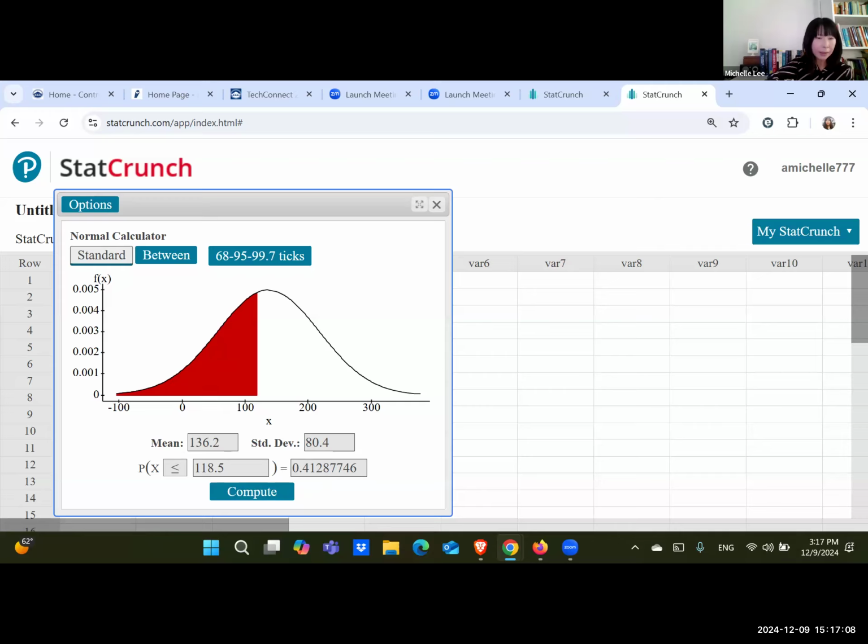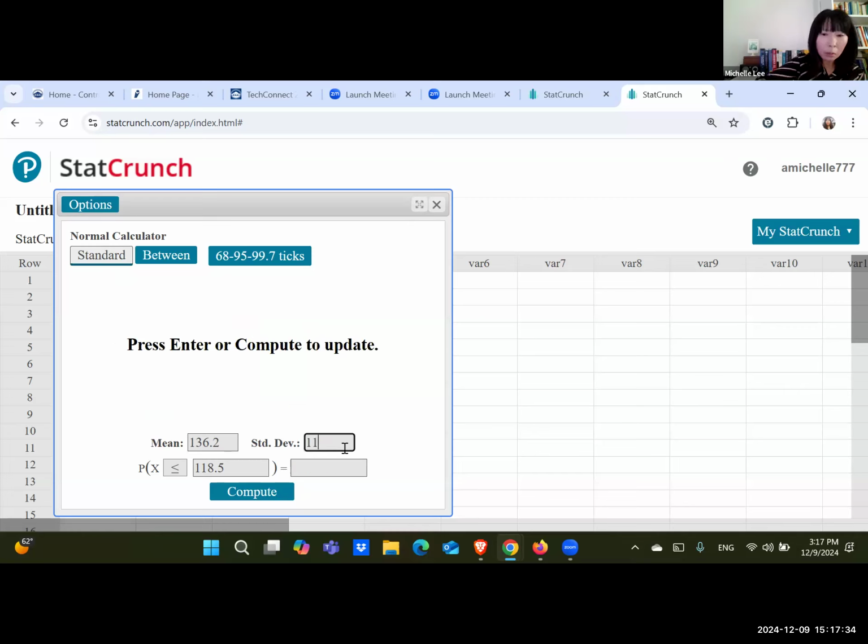The second one has mean equal to mu, same, which is 136.2. We don't change that. Sigma, which is sigma over square root of n, which is 11.0438, right? And then the question, same, yeah.